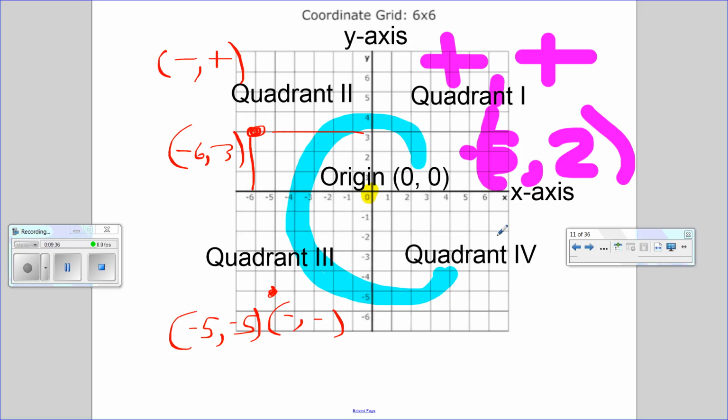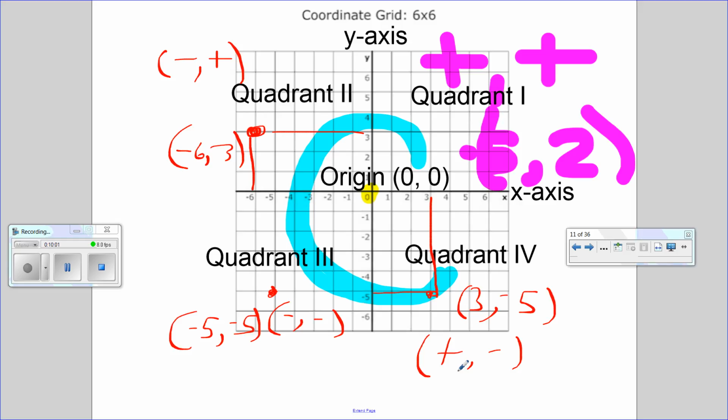Let's use this one. So on the x-axis, it would be 3. On the y-axis, it would be -5. So what can you tell me about ordered pairs in quadrant 4? It's always going to be positive, then negative.